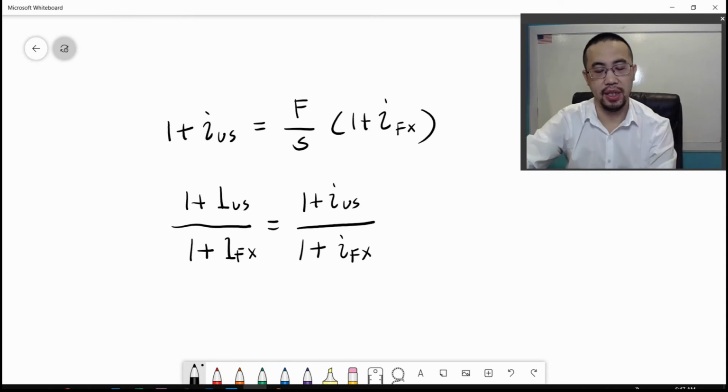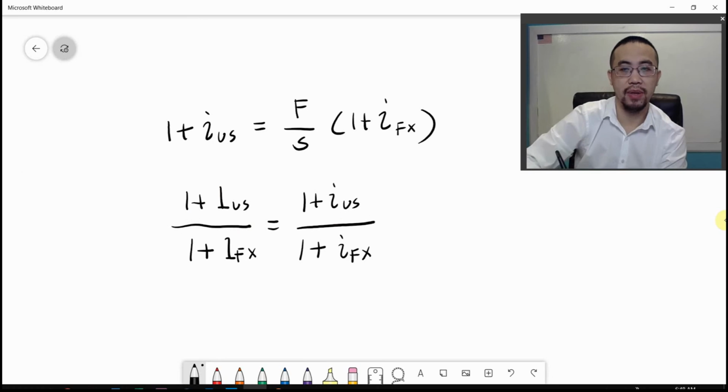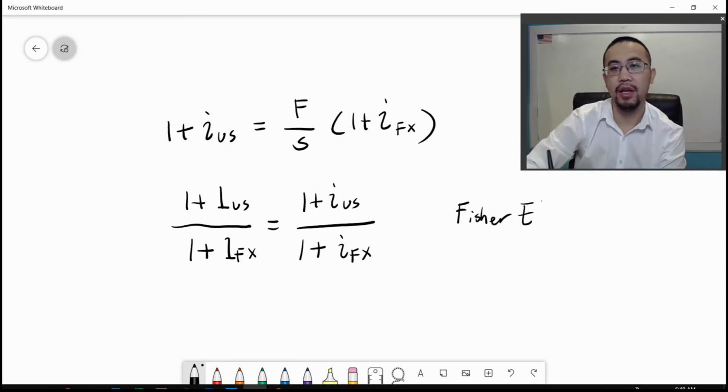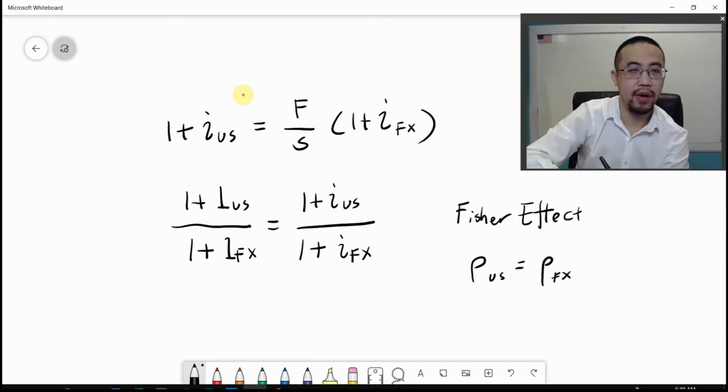I believe that in one of the video clips I posted about the parity relationships, there were some errors, but here is the correct version. So this is based on the Fisher effect. And in the Fisher effect, we hold that the real interest rate in the U.S. equals the real interest rate in the foreign country.